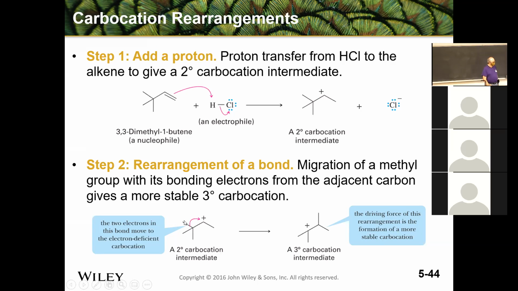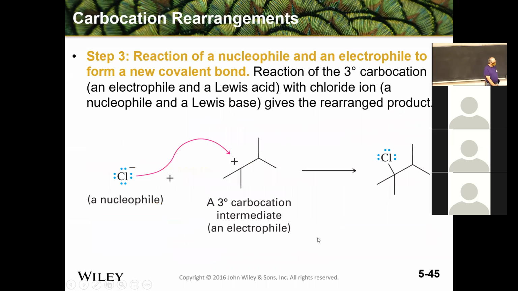Methyl pulls out its electron pair, moves it over to carbon number 2, and what that accomplishes is we go from a secondary to a tertiary. Okay, so that makes it more stable, it lowers the energy. And then chloride attacks, and when we're drawing a mechanism, we always go negative to positive. Okay, so opposite charges attract, so this step occurs very quickly.